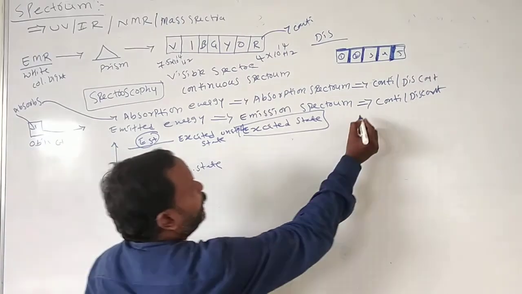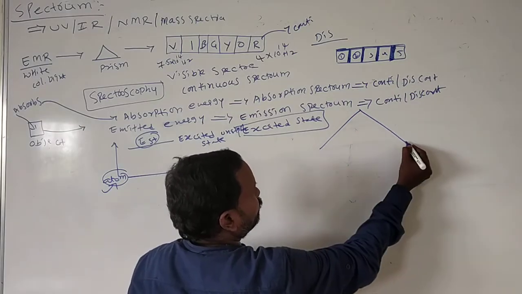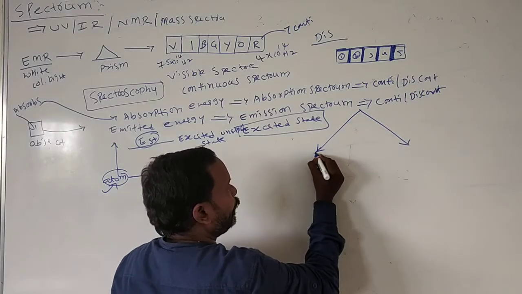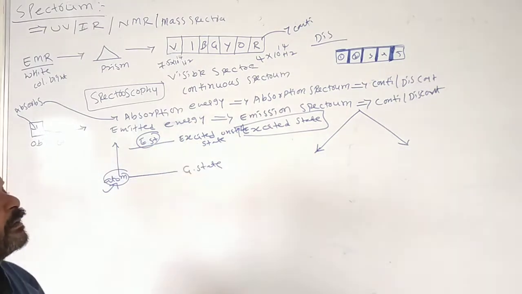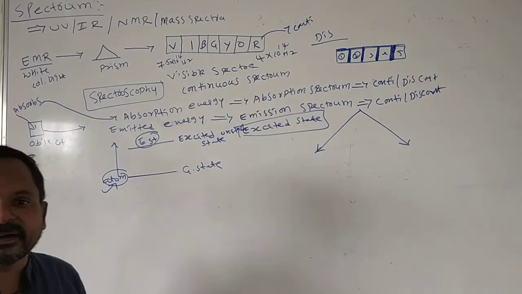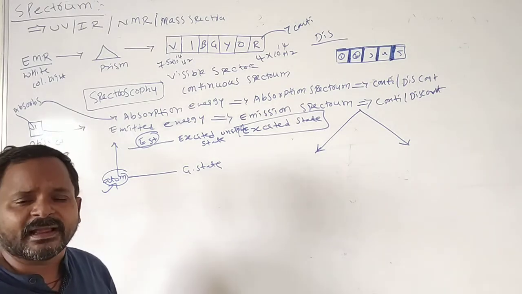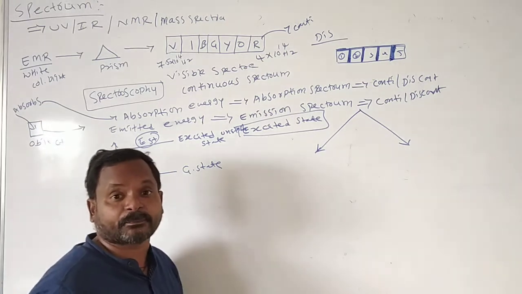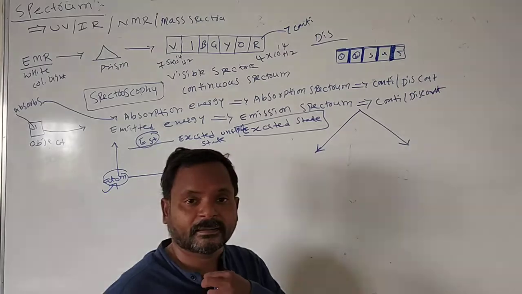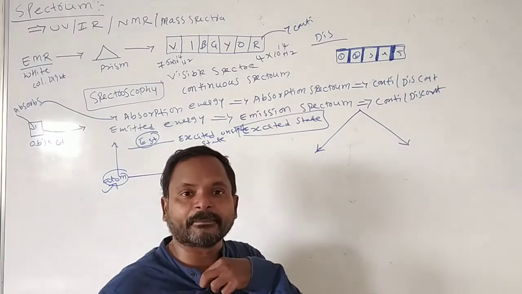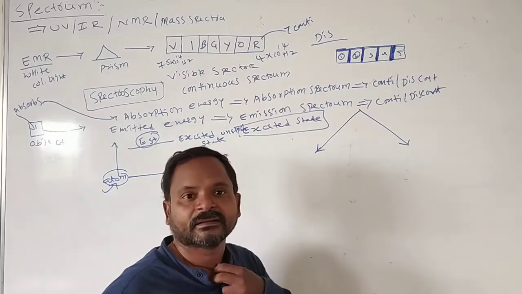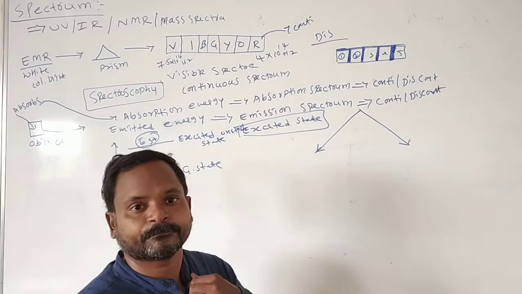And here, atoms show spectra. Atoms form different spectra. Molecules form different spectra. Just as every human being has a special character, like that every atom, every molecule has characteristic spectra.